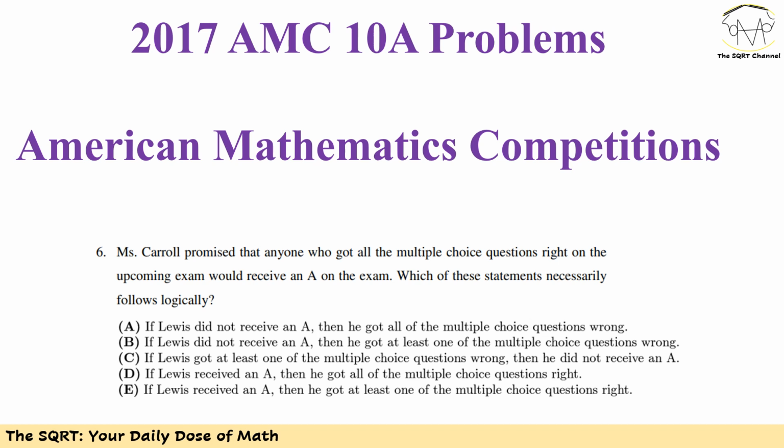B: if the student did not receive an A, then he got at least 1 question wrong. C: if the student got at least 1 question wrong, then he did not receive an A. D: if the student received an A, then he got all the questions right. And E: if the student received an A, then he got at least 1 question right.